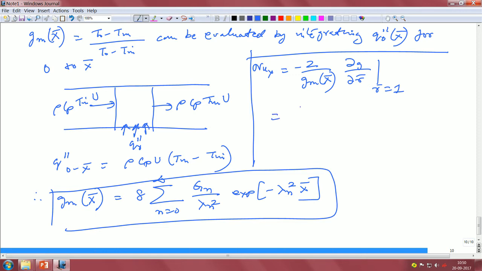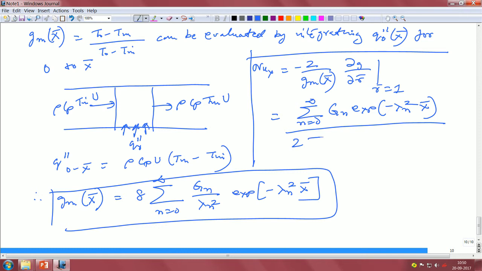This is of course given as the sum from n equal to 0 to infinity of capital Gn exponential minus lambda n square into x bar, divided by 2 times the sum from n equal to 0 to infinity of Gn by lambda n square, exponential minus lambda n square into x bar, right.